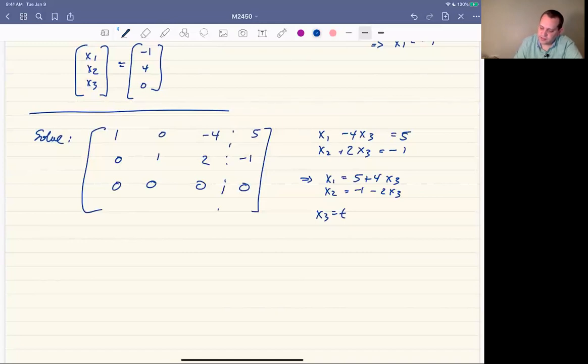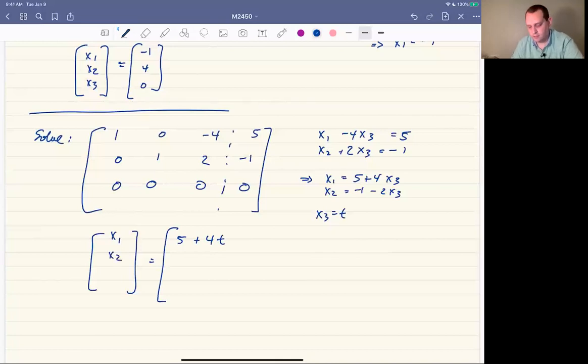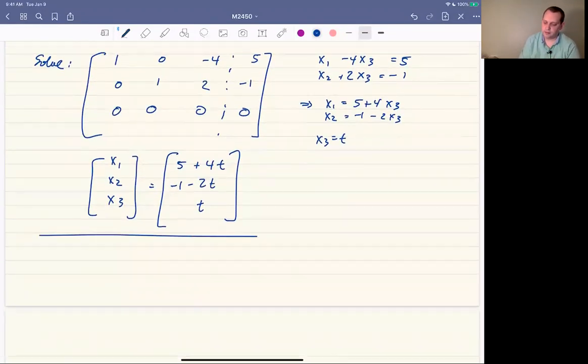And if x3 is t, that forces x1 to be 5 plus 4t. x2 would have to be -1 minus 2t. And x3 would be t. And we'd again have infinitely many solutions. Here our solution set would be a line. Okay, so that's how that would work.